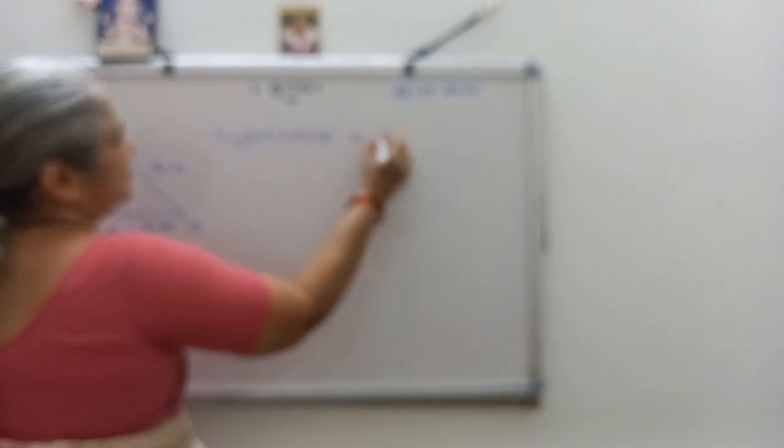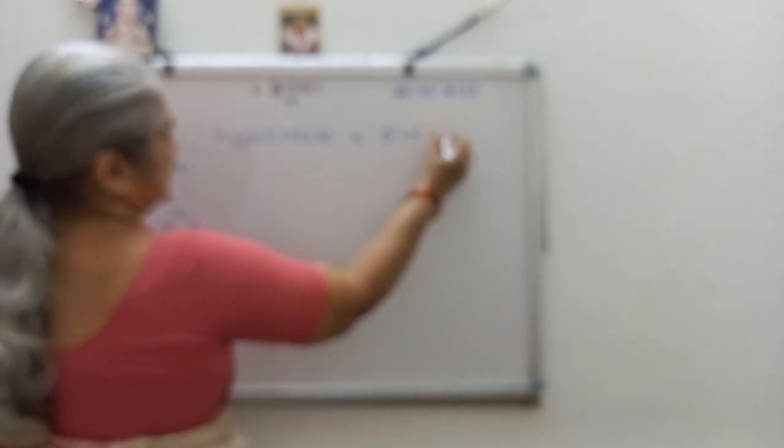Because this is the right angle triangle, we can use the Pythagoras property. What does it say? At B, the right angle is there in this triangle ABC and the side opposite to it, AC, is called hypotenuse. Here hypotenuse is equal to 5 centimeters, that is AC.